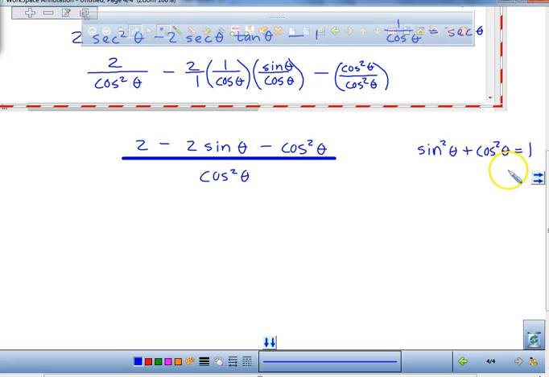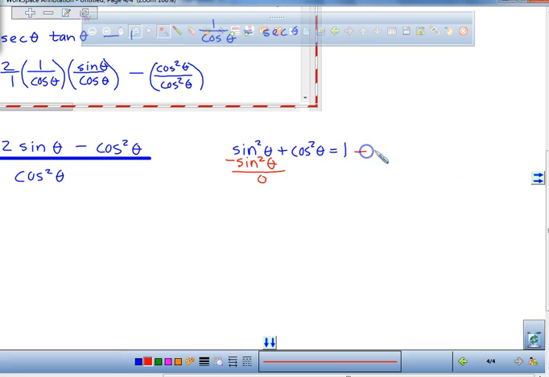Now what we're going to do right now is solve for the cosine squared of theta, which means I have to take away a sine squared of theta from this side, and from this side. So everywhere you see a cosine squared of theta, what do I want you to replace it with? 1 minus sine squared of theta.